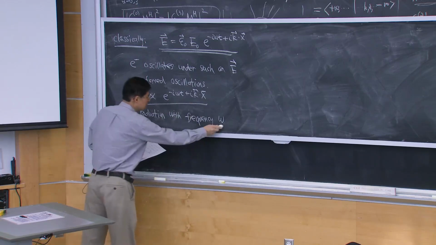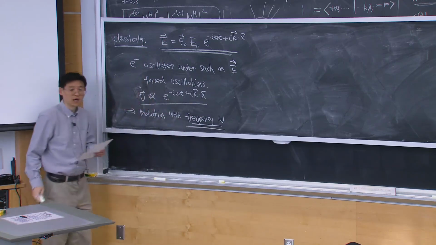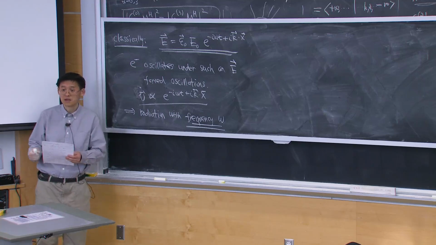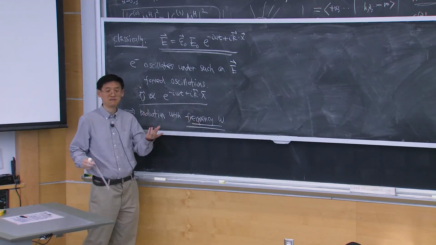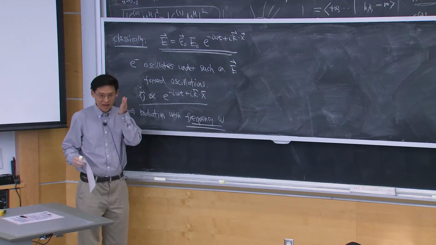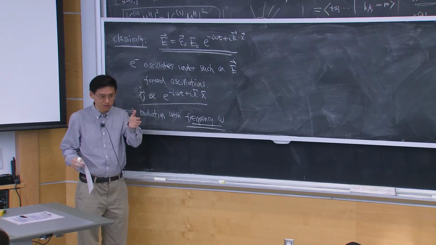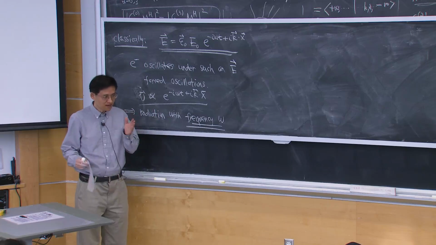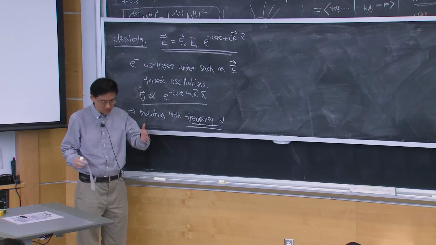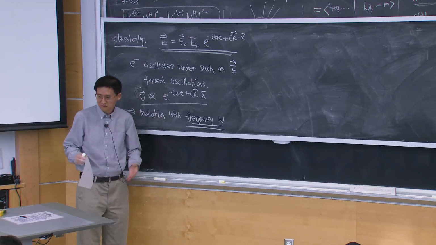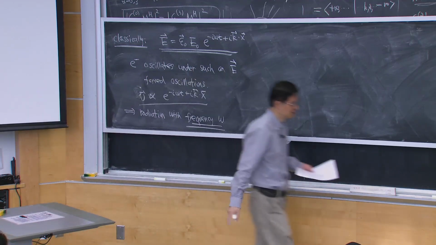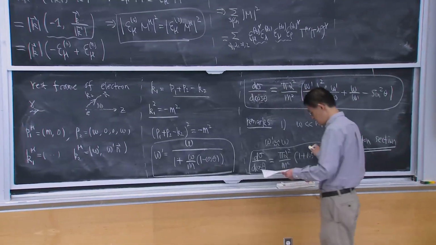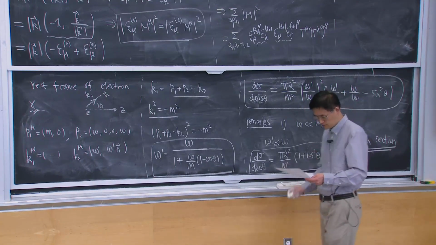So this is the classical result: such an oscillator will emit light with frequency omega. That's the scattering process from the classical point of view: drive the oscillator, then the oscillator will emit. And if you go through this process, then you precisely find this formula.